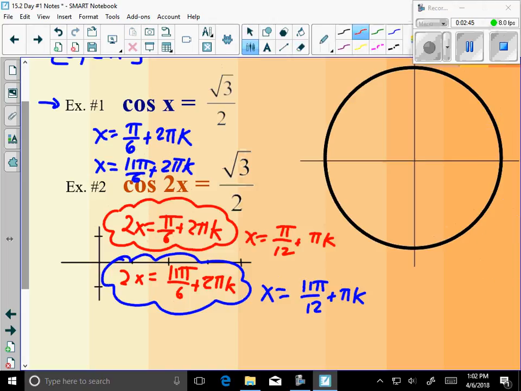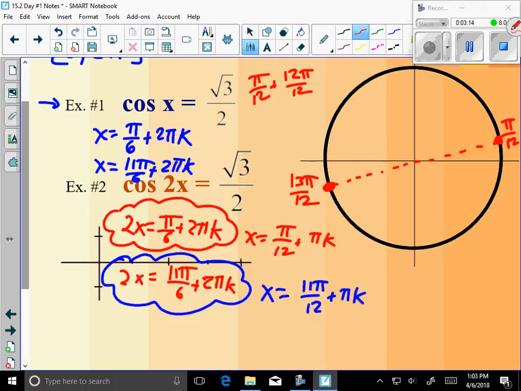Okay, where is pi over 12? Well, it's half of pi over 6. So there's pi over 12. And if I add pi to that, where would it end up? Right there, right? What would we call that? Pi over 12 plus pi, 13 pi over 12.